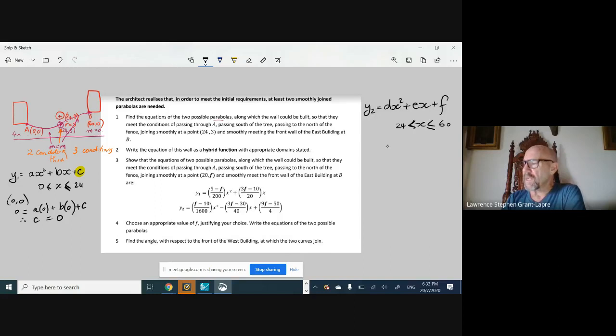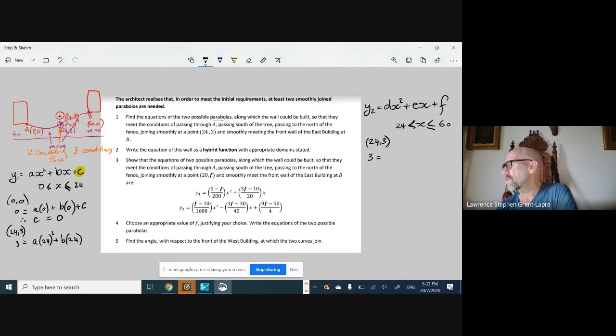So the second condition is 24, 3. So it passes through 24, 3. Therefore, the y value 3 is a times 24 squared plus b times 24 plus 0. And this equation over here also passes through 24, 3.